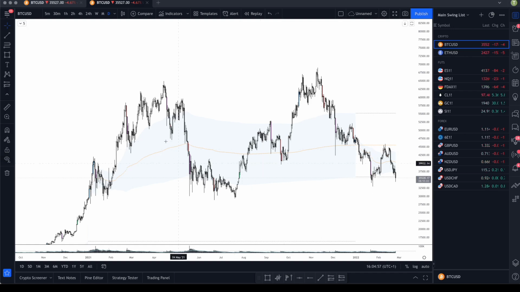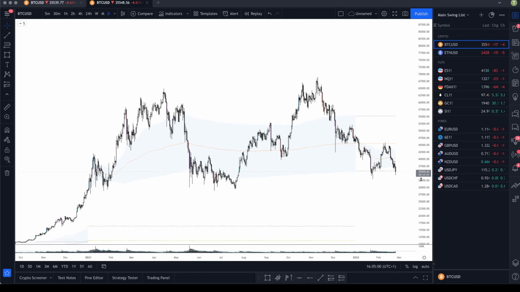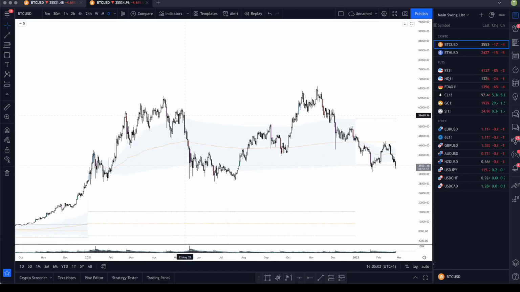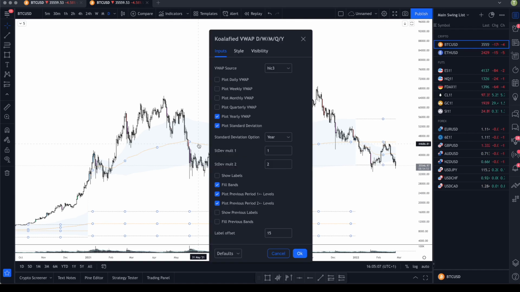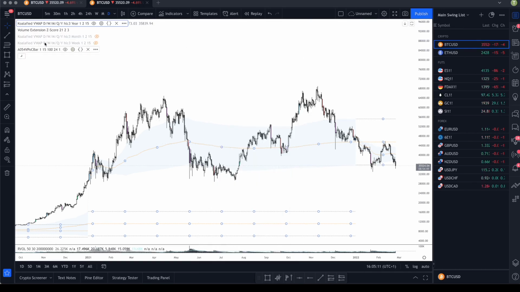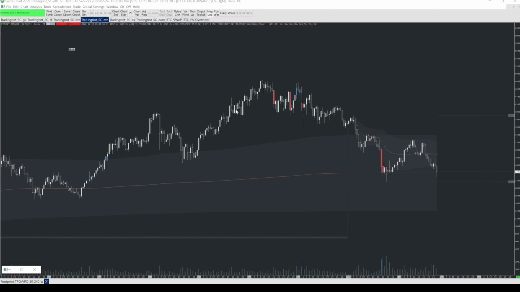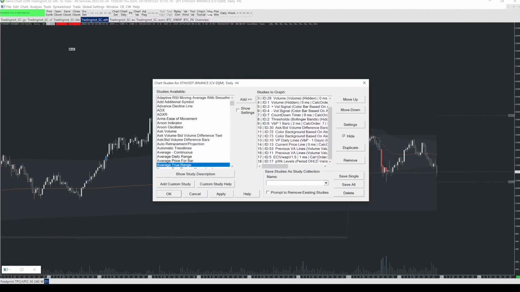So obviously you can use this by itself as a dynamic SR level, but what you can also do is plot one standard deviation from it. This is an indicator on TradingView, the koala feed VWAP. If you are a Sierra Chart user, there is an indicator called ECE VWAP.